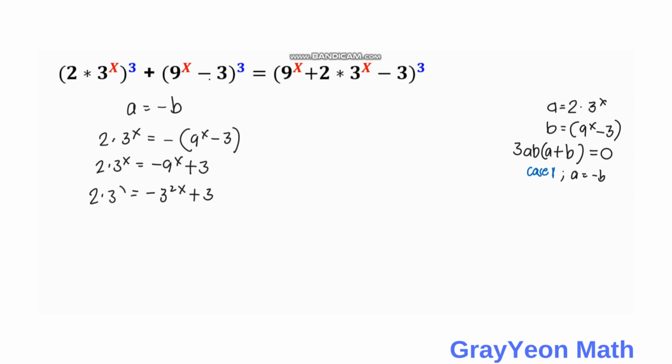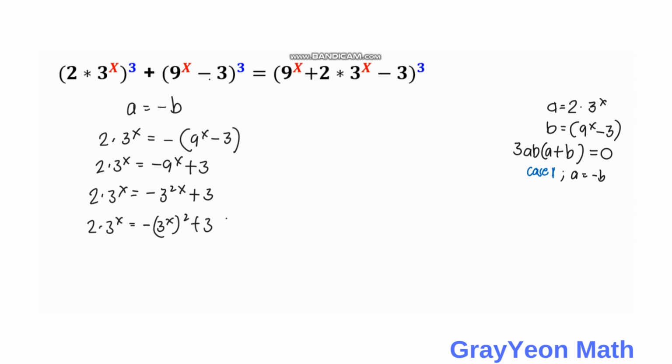2 times 3 raised to x equals negative, we can actually write 3 squared to the x as 3 raised to x, squared, plus 3.